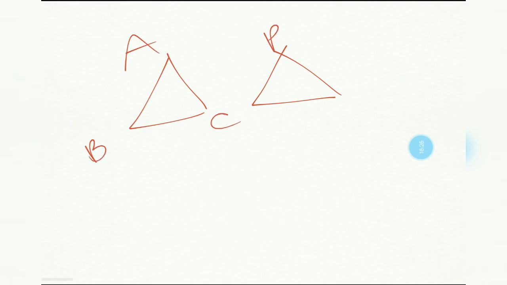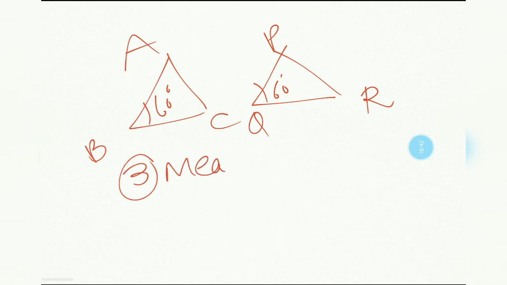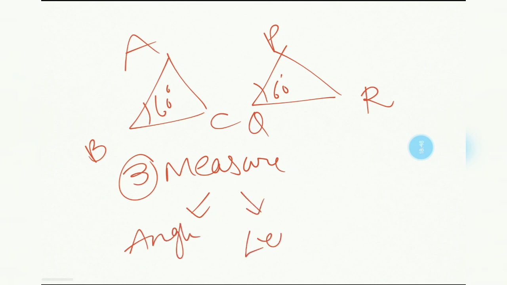Now I have to prove that these two are congruent, but they will give you some information. Maybe like this, angle B is equal to angle Q is 60. At least they'll give you some hints. If you have at least three measures of both equal, any measures, it can be either angle or length.